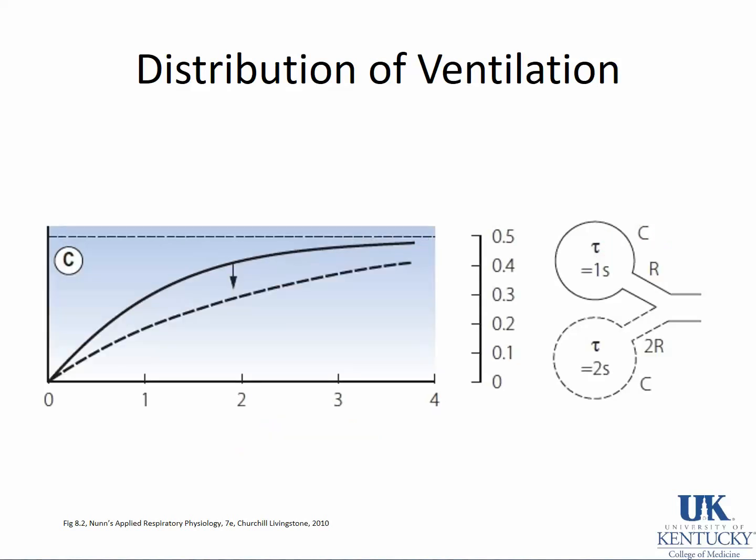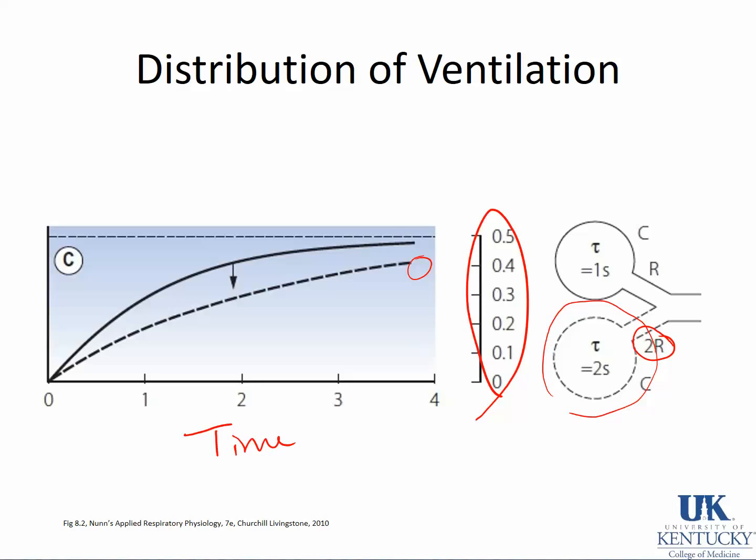Now we're going to look at a circumstance. Again, this is time and this is volume. Now we're going to look at a circumstance of an increased resistance. What happens in the circumstance of an increased resistance? Well, this dotted lung unit is the one that shows us the dashed line on the illustration.